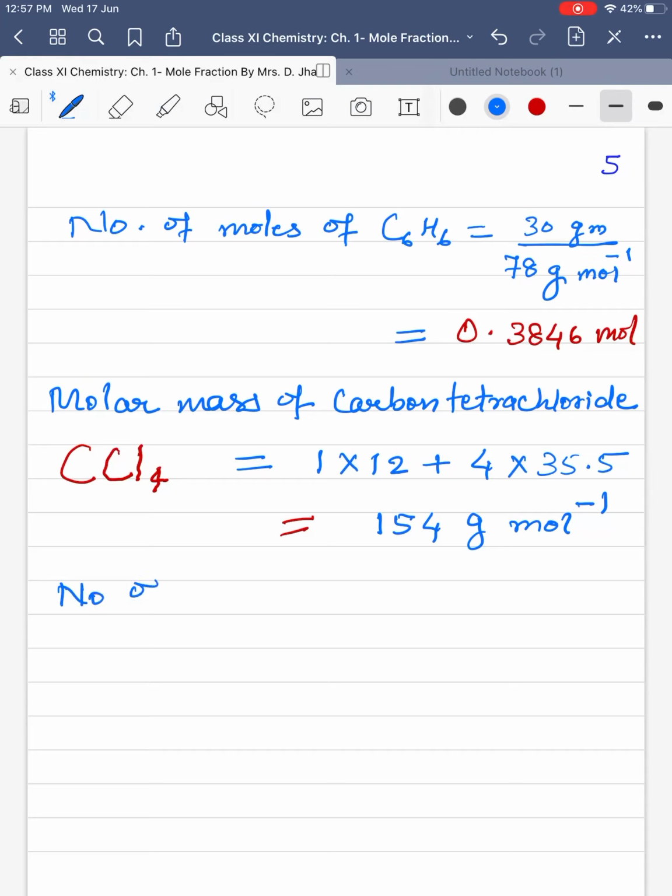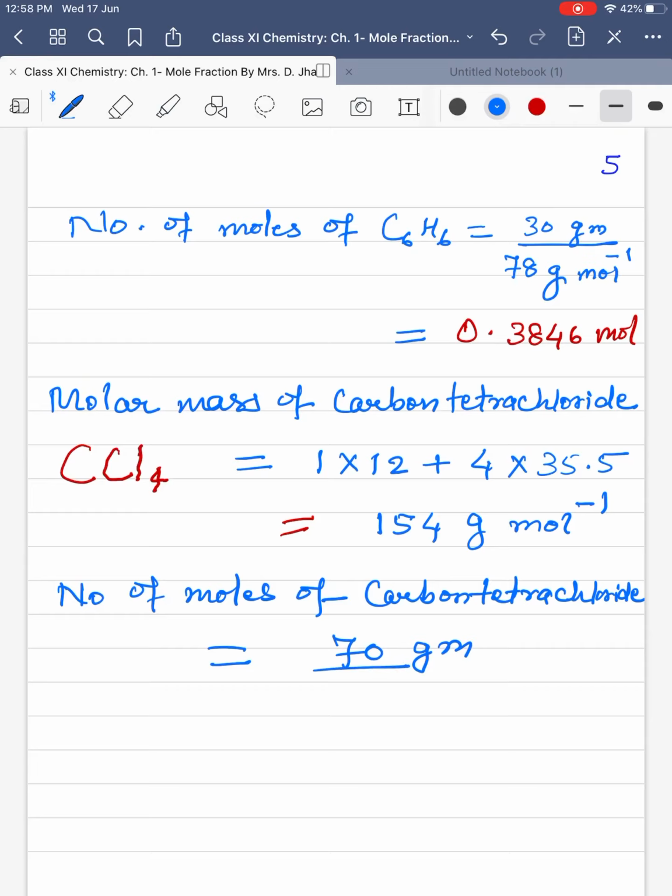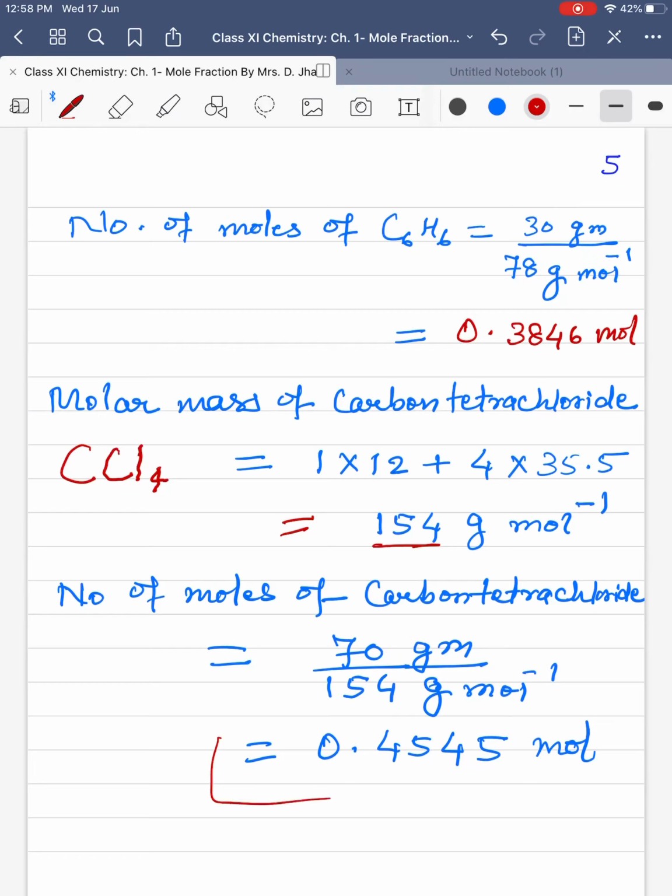Then the number of moles of carbon tetrachloride is equal to the mass, 70 gram, divided by the molar mass, 154 gram per mole, and it would be 0.4545 mole.